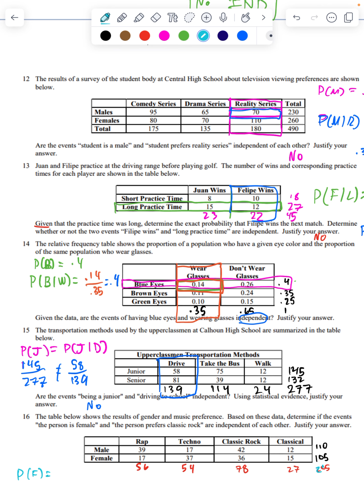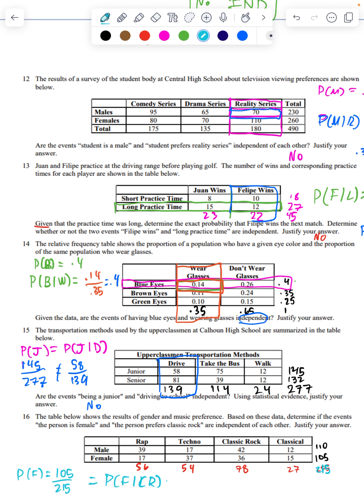This is 215. That's 105 over 215. Does this equal the probability that a person is female given they like classical rock? I'll use CR for that.